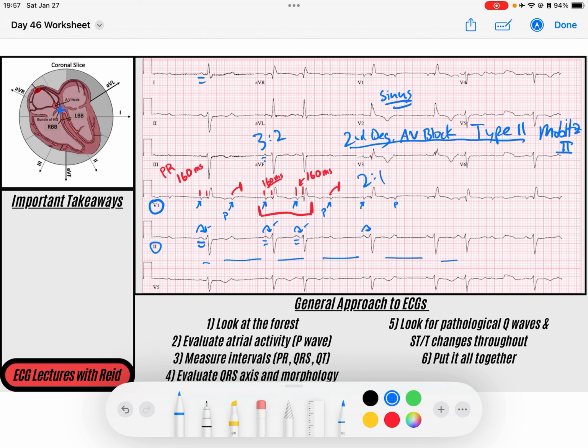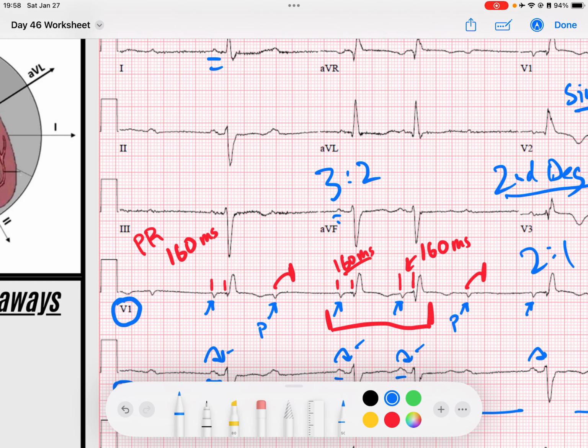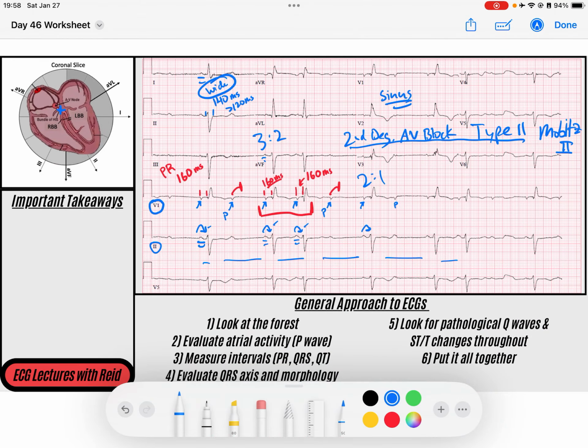So QRS, let's look at the QRS duration. When I take a look at it, if I zoom in here to lead 2, it might be a little long. I would say that's maybe 140 milliseconds. We know that it's greater than 120 milliseconds, so that's a little bit wide QRS. And so why would it be wide? Well, we think of bundle branch blocks maybe causing wide QRS.